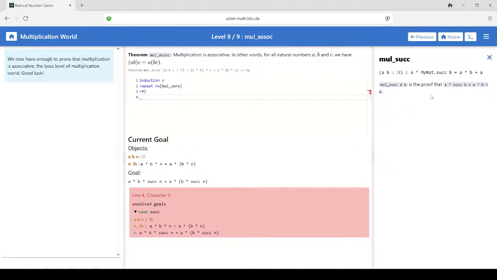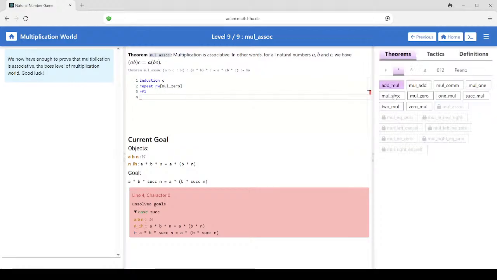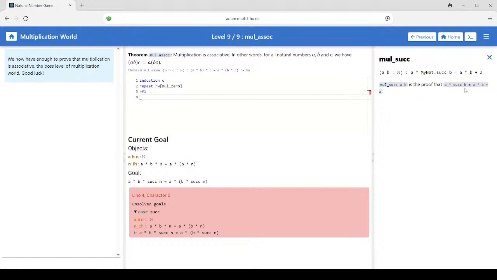You could do it reversed. Oh, this is the reversed version of... This is the one I've been using.